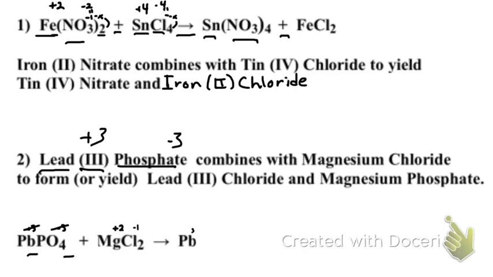Good, so it's a 3+ charge. And chloride is really just chlorine, but you've changed the ending to "ide." The charge on chlorine is still a negative. So in order to cancel out the +3 charge of lead, we need 3 chlorides. Almost finished. And, it's just our little plus symbol there, magnesium phosphate.